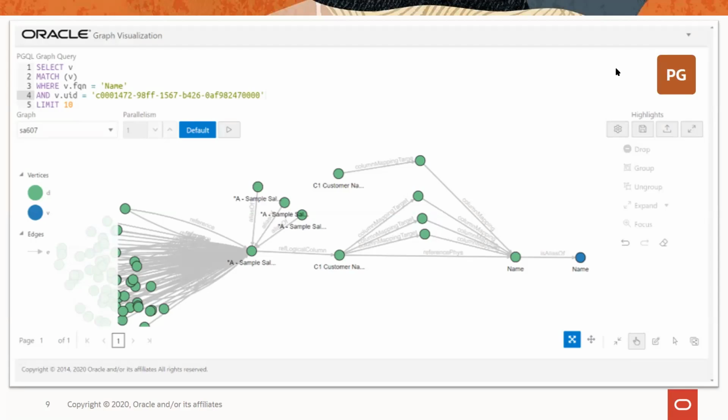I start from one single column on the right side of the screen, and I discover that, going through an ETL and an analytical platform, my name column, which is sensitive because it's private information, ends up in a lot of objects on the left side. All those things are people consuming this information. So thanks to the graph, I can easily track where there is a problem. Oh, you are not allowed to do this anymore. So please remove name, first name, emails, all those things from all these kinds of reports, for example.